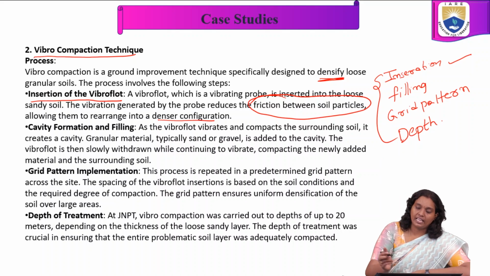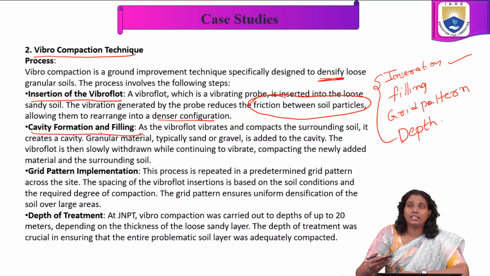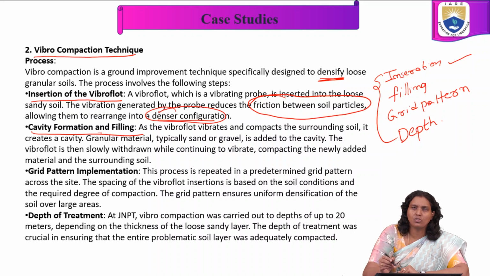After that, the next step is the filling. Cavity formation and filling is the next step in the process. As the vibro float vibrates and compacts the surrounding soil, it creates a cavity.